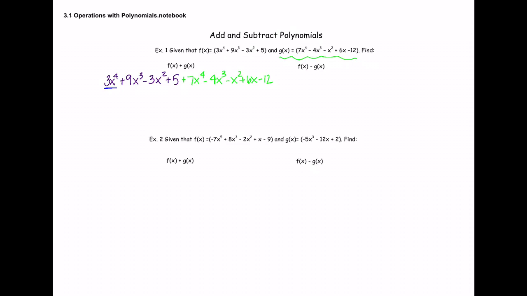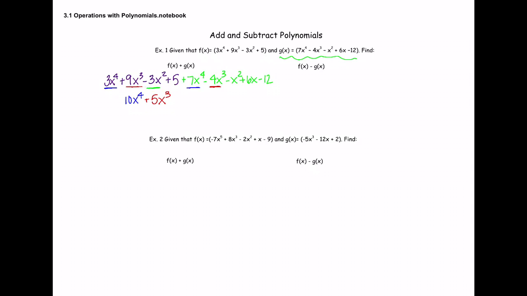So 3x to the fourth plus 7x to the fourth gives us 10x to the fourth. 9x cubed minus 4x cubed gives us 5x cubed.